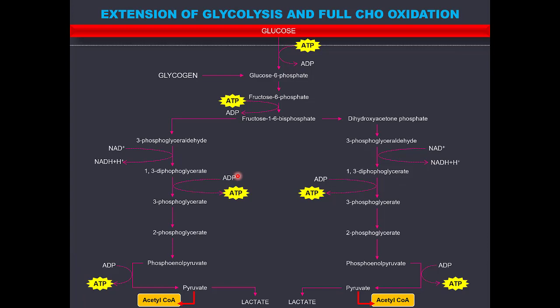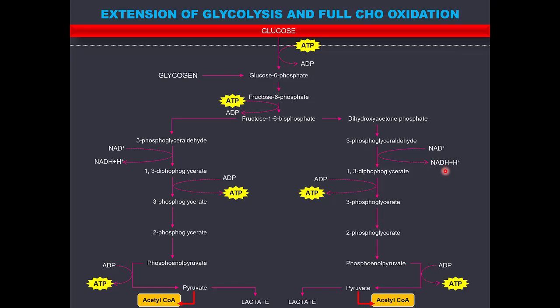Now, we also introduce these reactions right here. These are again called redox reactions, reduction oxidation reactions. So NAD oxidizes 3-phosphoglyceraldehyde and in turn reduces to NADH. Through this process, NAD steals electrons from 3-phosphoglyceraldehyde and is converted to NADH with the hydrogen containing a couple electrons.